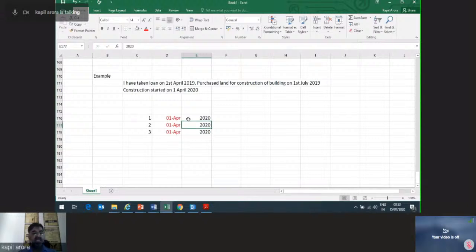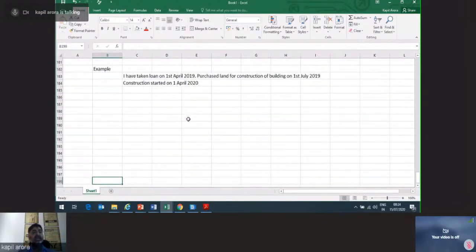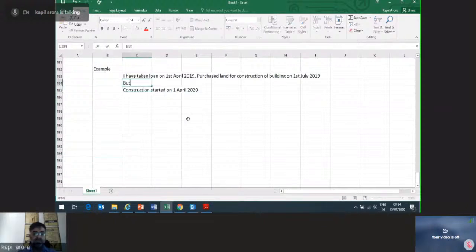Okay, I'll change the scenario once again so that we can look at the different kinds of issues that can come in the exam. I have taken loan on 1st April, purchased land on 1st July, construction started on 1st April 2020. But before construction, the architect was making the design.